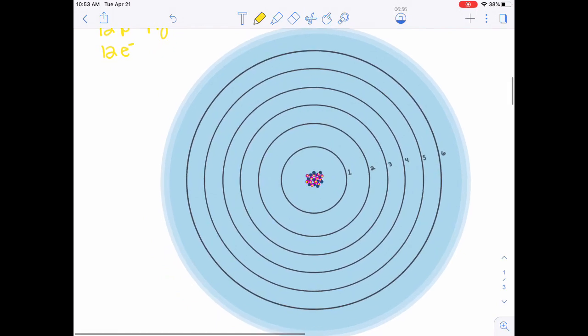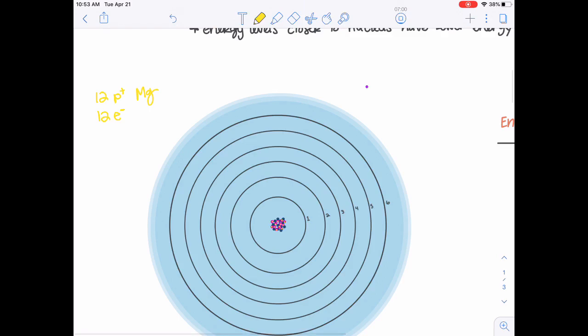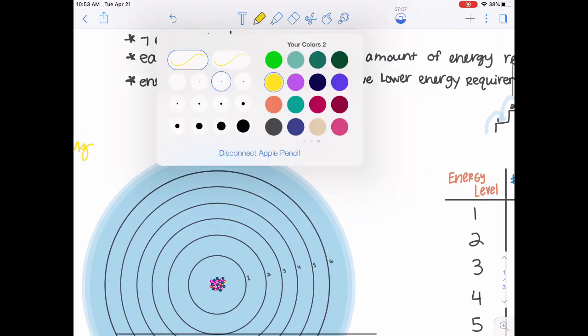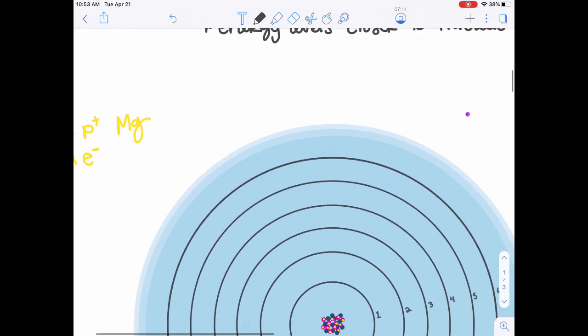So protons equals electrons. We not only have a specific energy associated with each energy level, but each energy level can only hold a specific number of electrons.